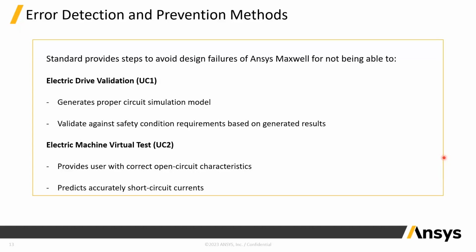In a similar fashion, for the electrical machine virtual test, the standard provides steps to avoid design failures of the ANSYS Maxwell solution when Maxwell is not able to provide the user with correct open circuit characteristics or accurately predict short circuit currents.